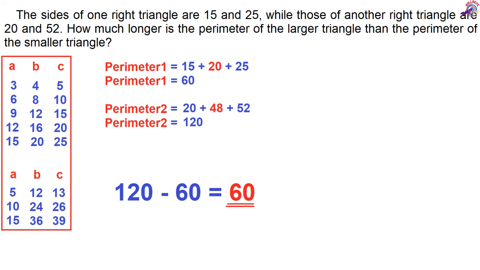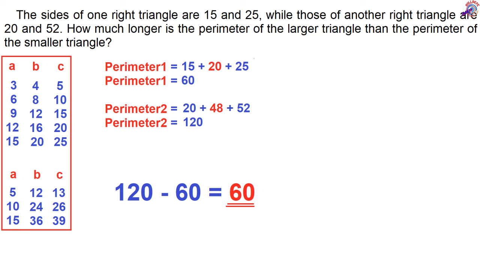Okay, so remember this one. If you are given a problem that says you have to solve the perimeter of a right-angled triangle, always remember the application of the Pythagorean Theorem. We have the triples. The very common ones are 3, 4, 5, and 5, 12, 13.